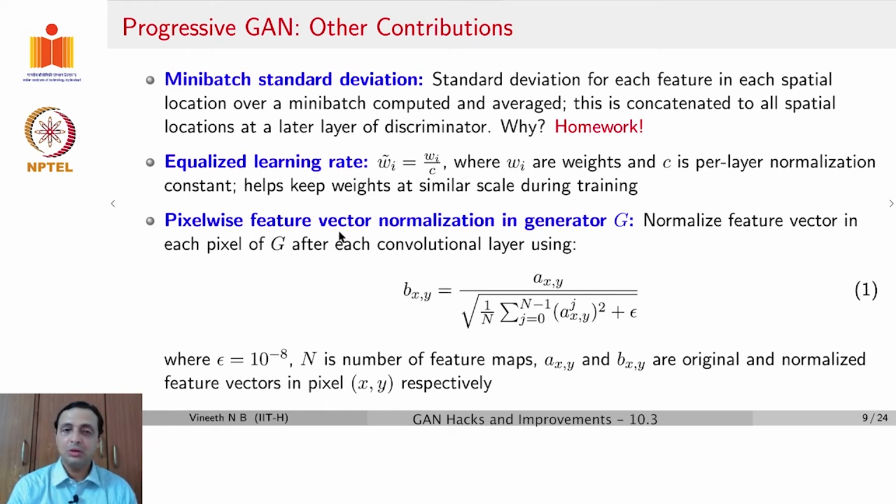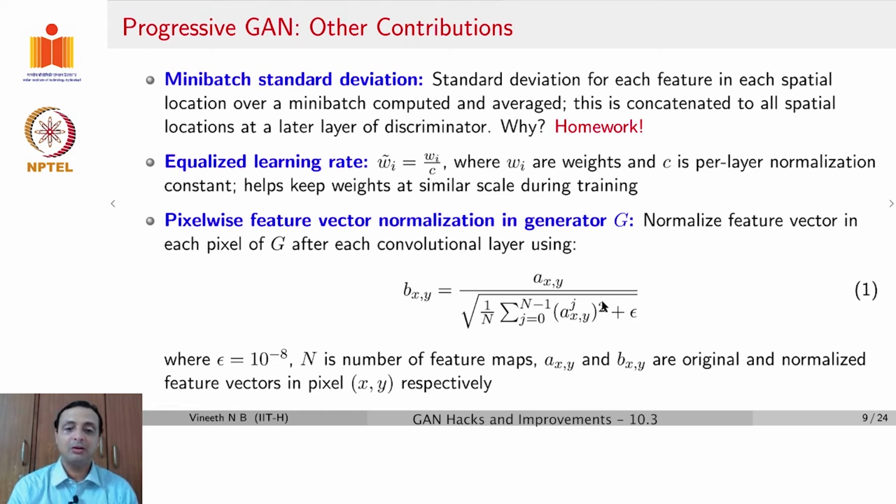Another contribution that progressive GAN makes is a pixel-wise feature vector normalization in the generator, where for each convolutional layer in the generator, the normalization is defined as b_xy = a_xy divided by the square root of 1 by n, where n is the number of feature maps, summation j going from 0 to n minus 1, that's across the n feature maps, (a_xy superscript j) whole square, plus epsilon.